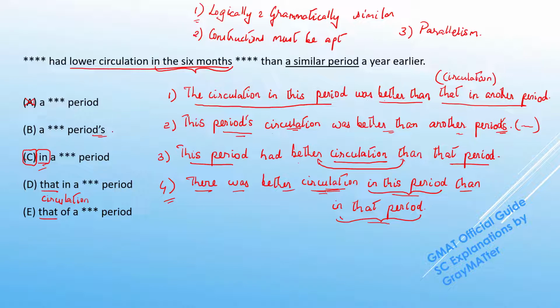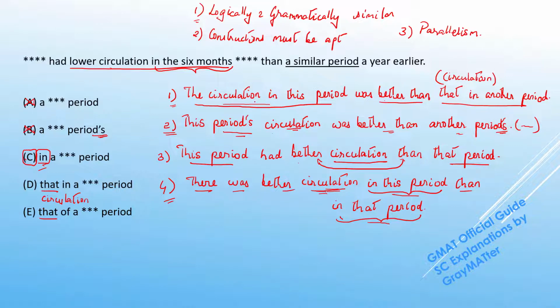Now in B, the problem is that it is using this possessive form. That possessive form would only have been appropriate if the construction of example 2 were followed, that this period's circulation was better than another period's circulation. But that's not what we find in the non-underlined portion, so B goes off. Now D and E's construction would only have worked if it followed the construction of the first sentence, that the circulation in this period was better than the circulation in another period.